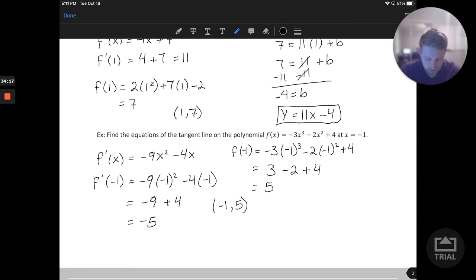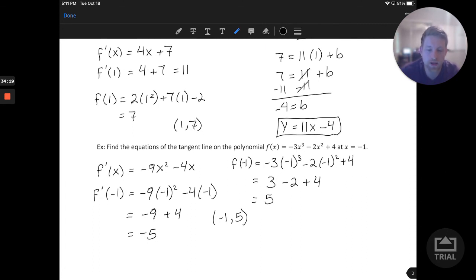So putting this together into our linear equation, another way we could go about finding our linear equation is putting it into point slope form, and then we could transition that into slope intercept. So let's try that. We know that y minus y1 is equal to my -5 slope times x minus x1.